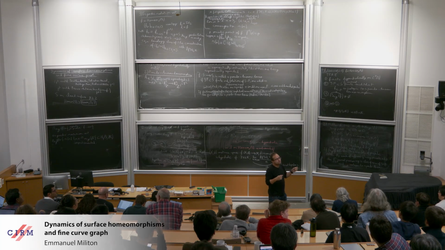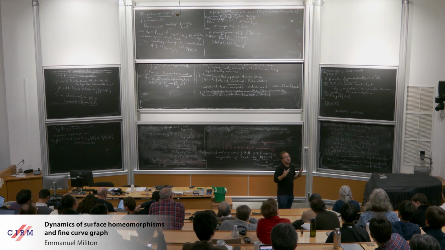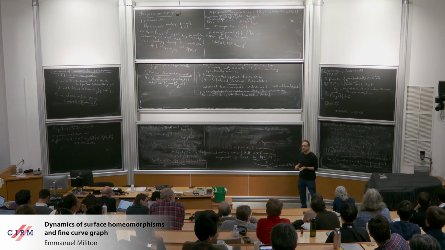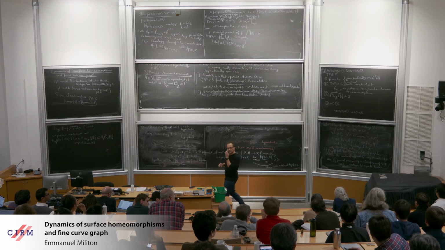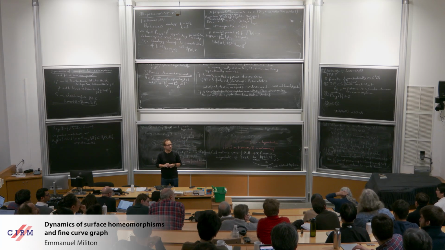So I would guess it should be difficult to prove that even if you take the minimal number of points, it should be conjugated. Thank you very much. Are there other questions before the break?